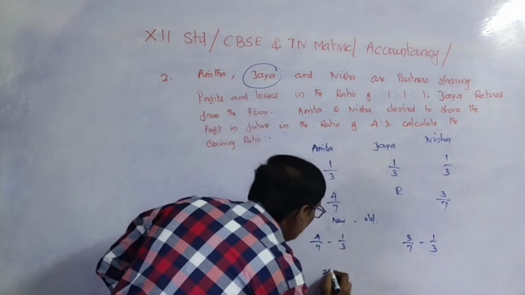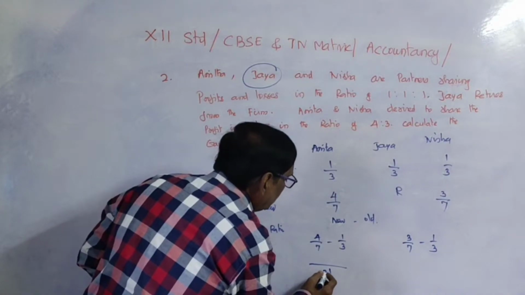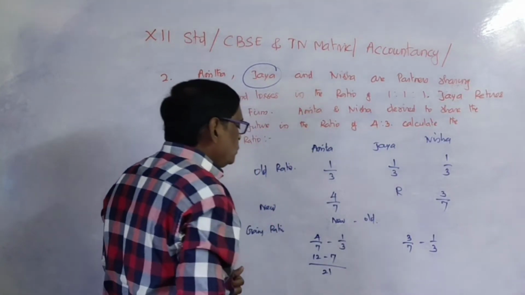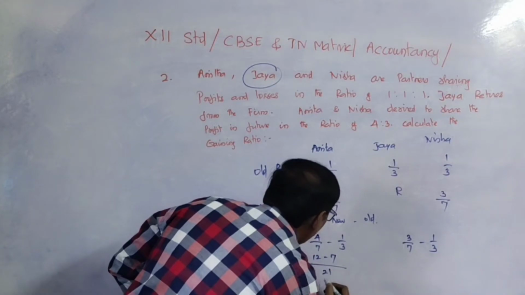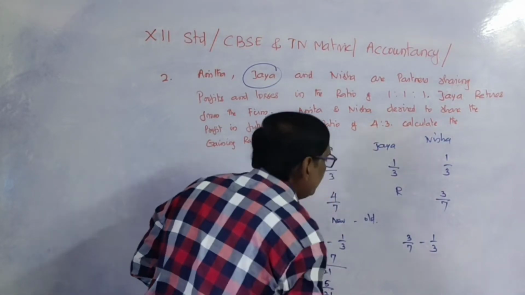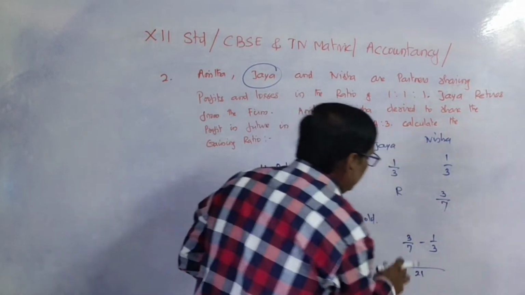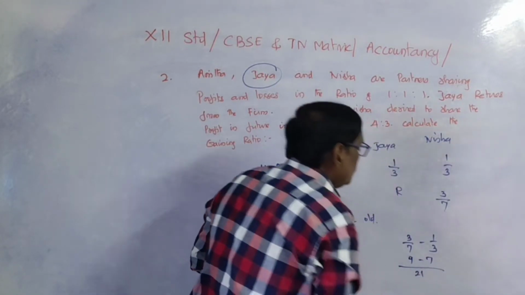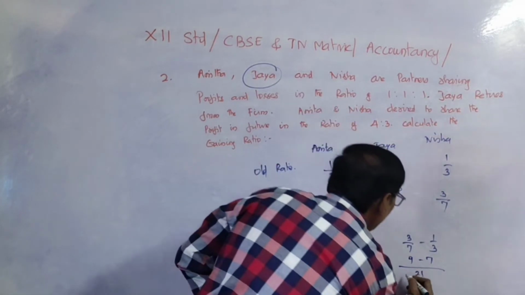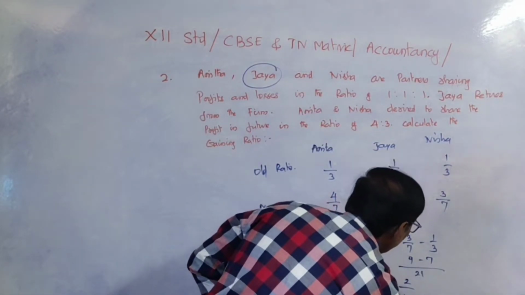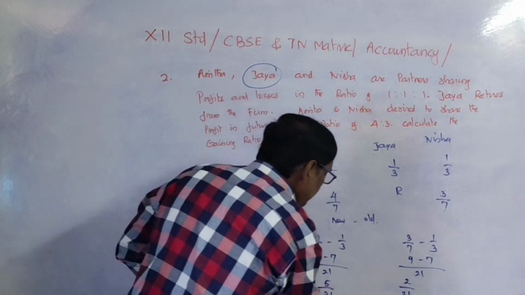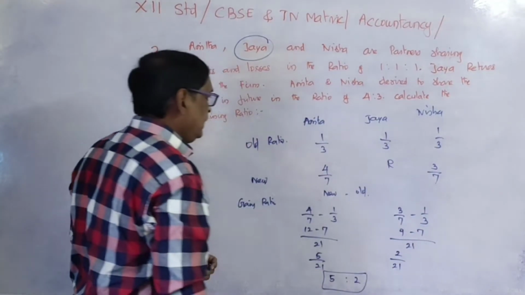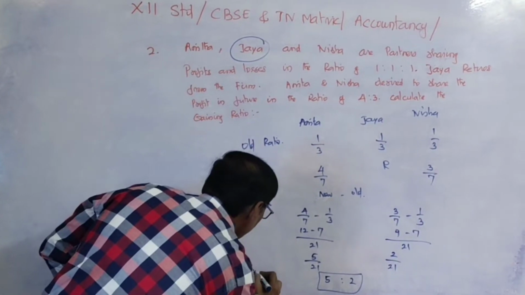If we take LCM 21, 3 times 4 is 12 minus 7 times 1 is 7, so 12 minus 7 is 5/21. For Nisha, LCM 21, 3 times 3 is 9 minus 7 times 1 is 7, so 9 minus 7 is 2/21. The denominator is the same, so 5:2 is the gaining ratio between Anita and Nisha.